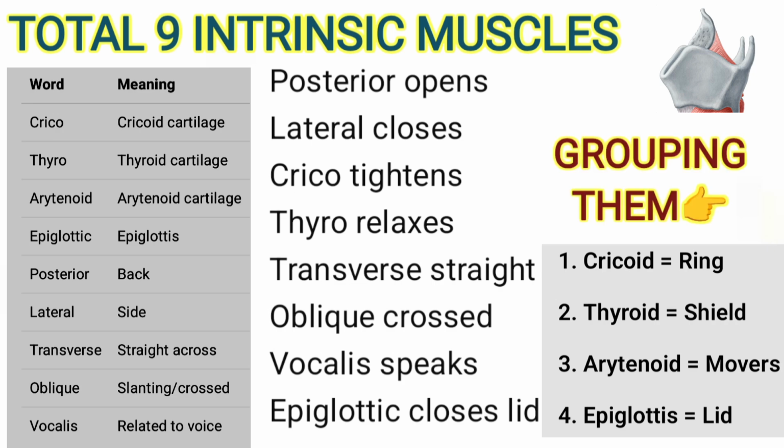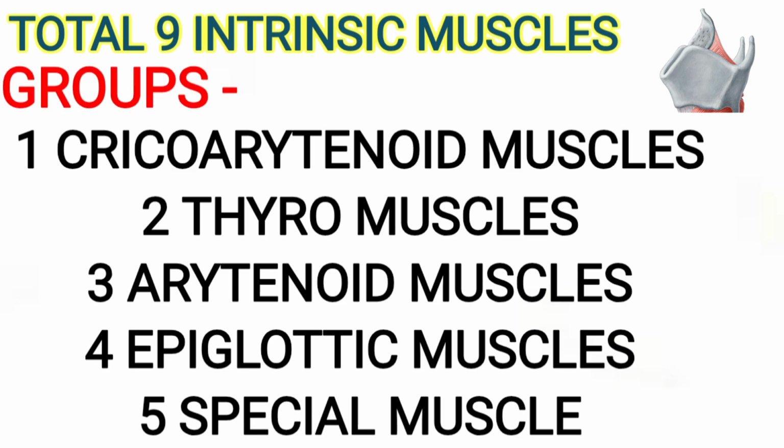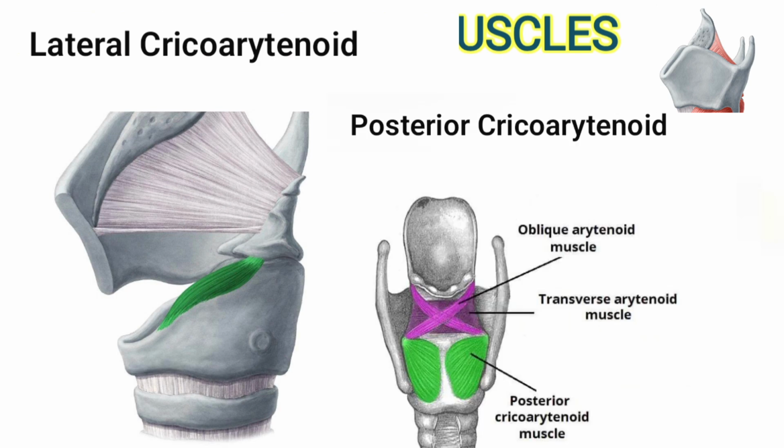Now let's understand them by grouping them. Grouping of muscles will help you in learning. Instead of learning 9 muscles separately, learning them in groups will really help us. Group number 1, cricoarytenoid muscles: cricoid and arytenoid.